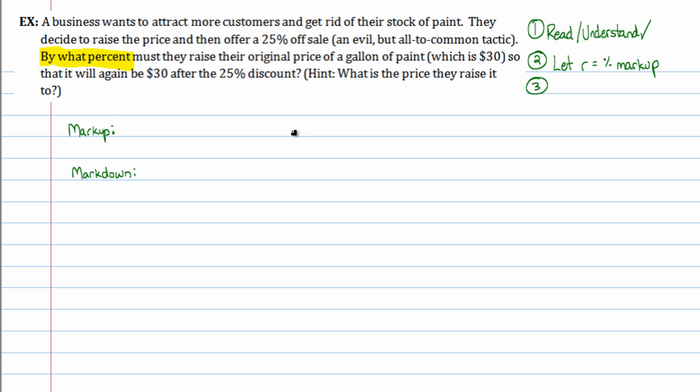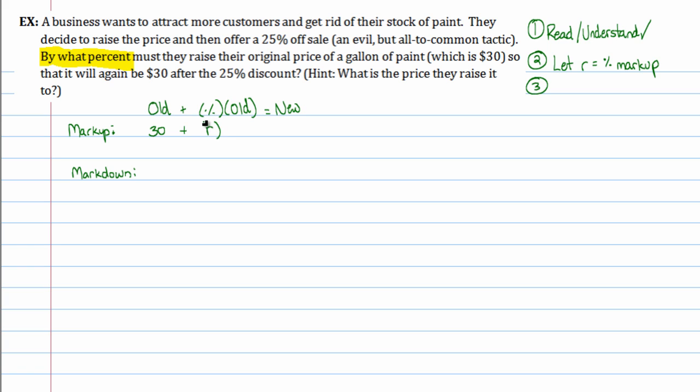So let's go ahead and do that. The markup here, we have this old price, and we're going to do a certain percentage of the old price to become the new price. All right, well, let's see. The old price here was $30 plus, we don't know how much we're going to mark it up, right?